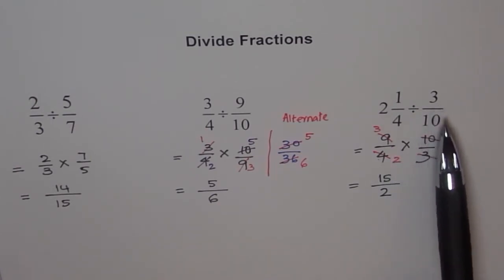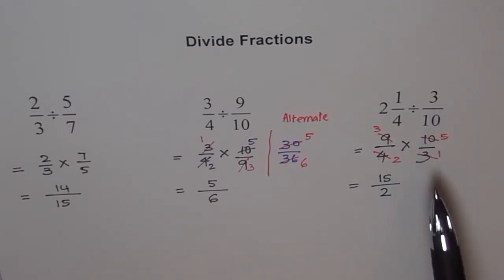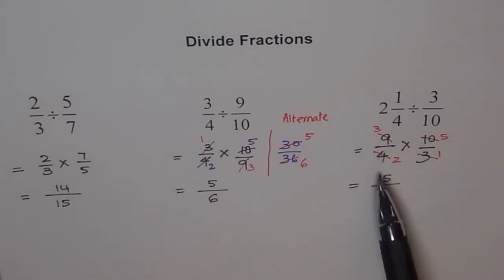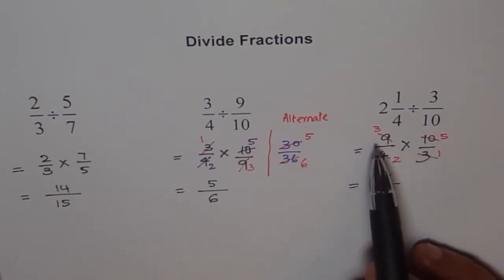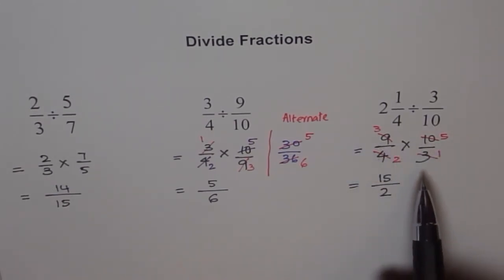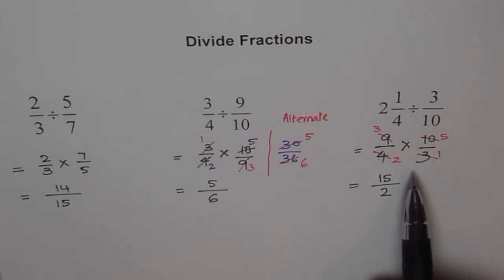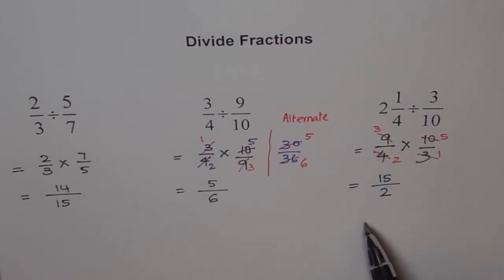So flip this number, right? The third step is to simplify at this stage, because now you have more numbers to simplify. All numerators stand on one side and all denominators on the other side. Then simplify, as I've shown here. Once you simplify, then you multiply and write your answer.